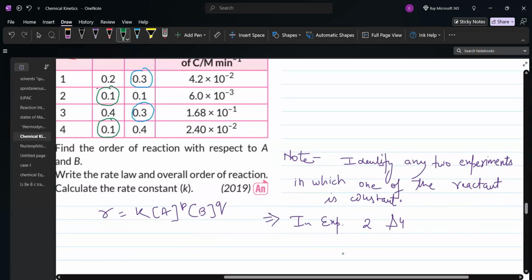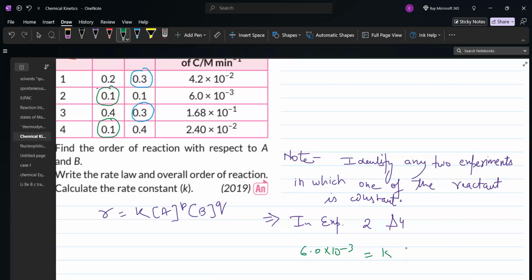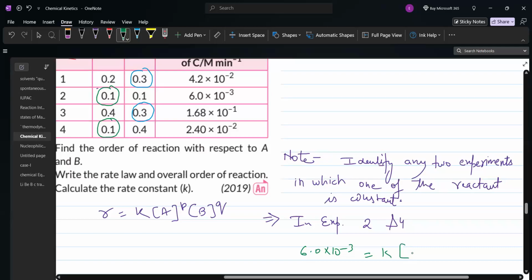So for 2 and 4, we will write this equation again. The rate of reaction given is 6.0 into 10 to the power of minus 3, equal to K into, K is not given anywhere in the question, and in the third question we have to find the value of K here, and the concentration of A is given as 0.1, and we don't know the power.